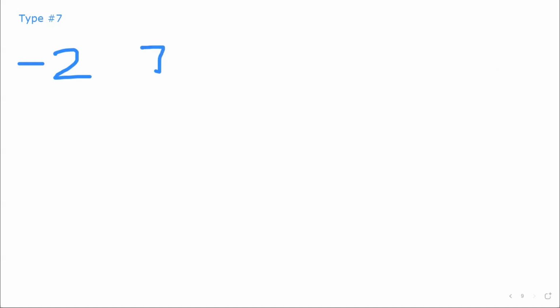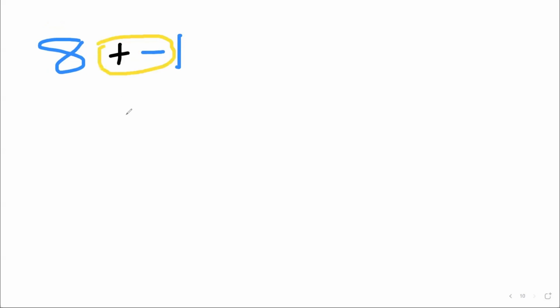Let's do this. So we're starting with a negative, and we are subtracting a positive number. And so in order to do this, what I want to do is go back and review something that you have seen before, which is when you are adding a negative, it's the same thing as subtracting, right?